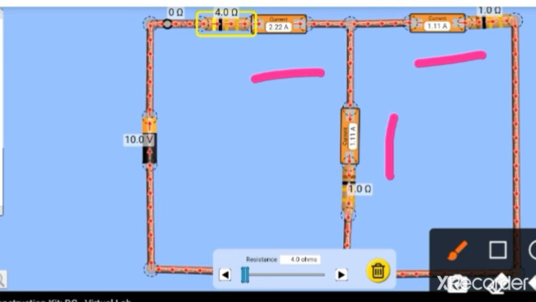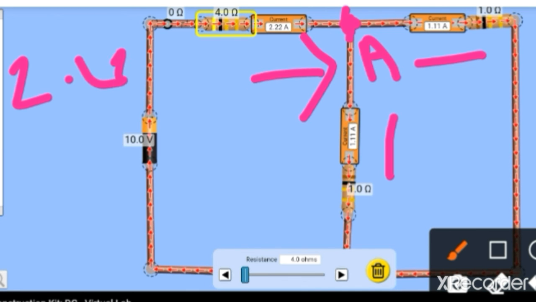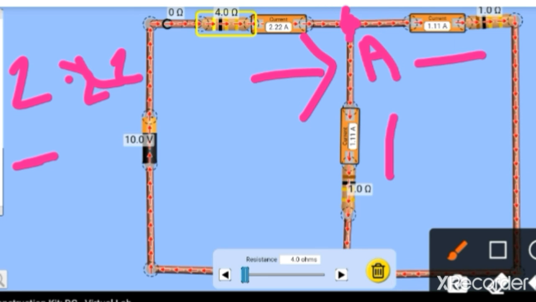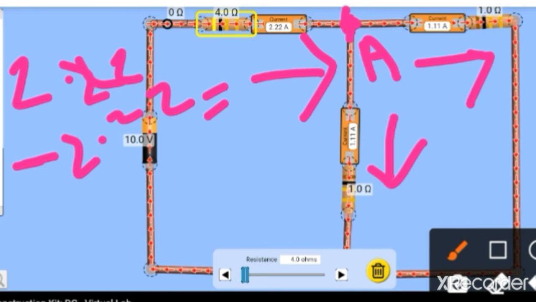So at the node point A, consider this node A, the incoming current is 2.22, minus the sum of outgoing current, which will be 1.11 and 1.11. So 1.11 plus 1.11 is nothing but again 2.22. So 2.22 minus 2.22 equals 0.